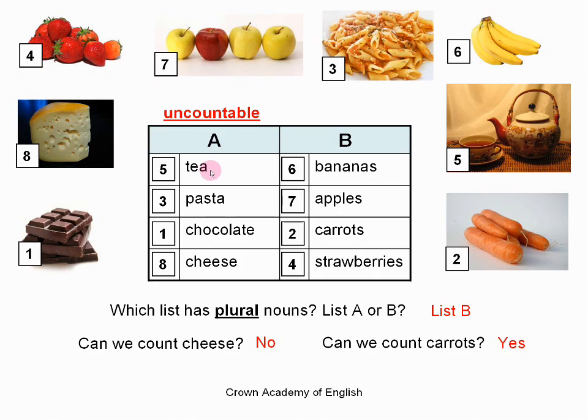We do not say 1 tea, 2 teas. And it is the same for pasta. We do not say 1 pasta, 2 pastas. But list B, all of these we can count. They are separate. Okay? So uncountable nouns and countable nouns.